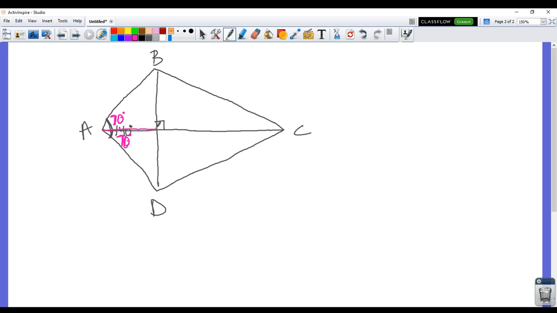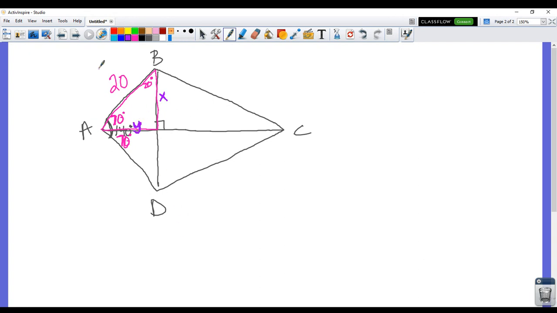Because this is a right triangle here, this top angle is going to be 20. If we know that the side is 20 here, we can use trig to figure out this height, this length here, and also what this is here.